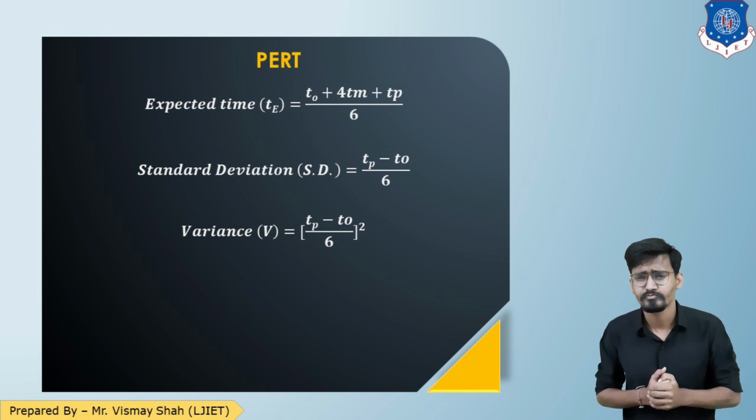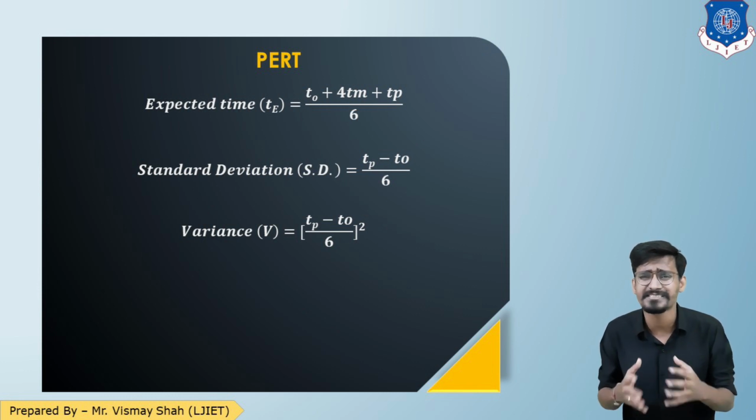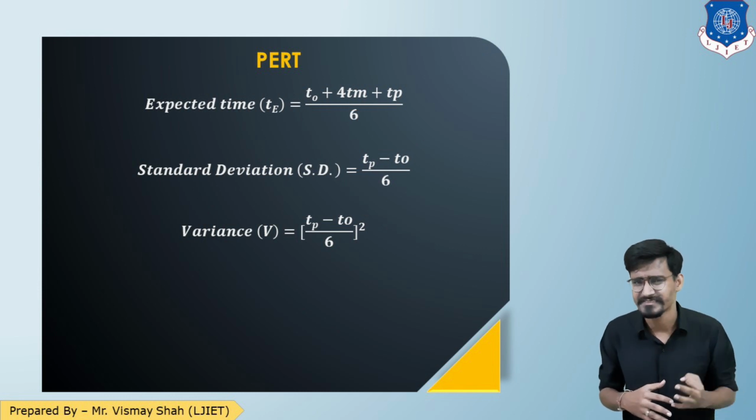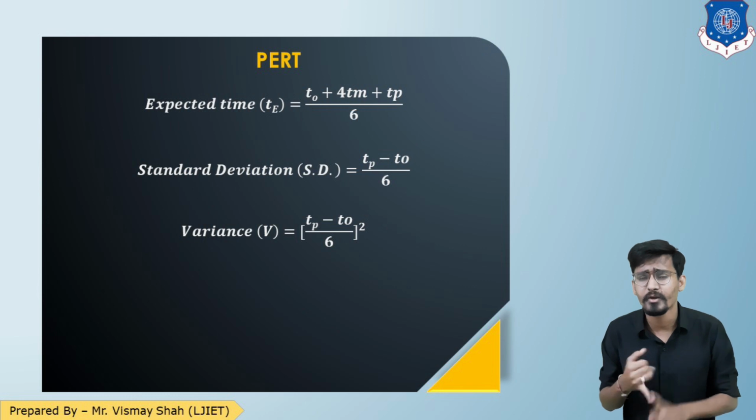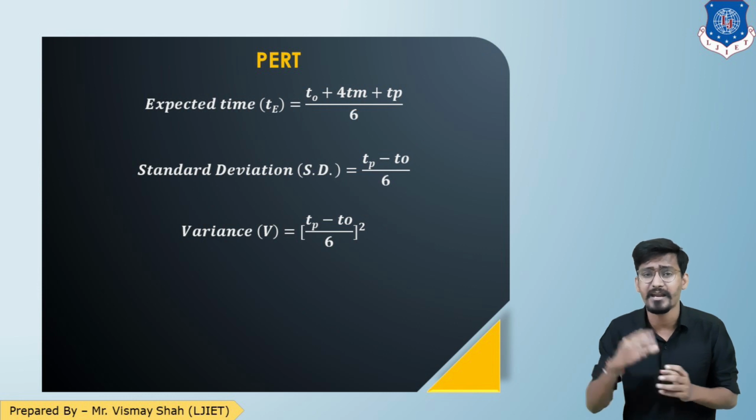Now students, what kind of questions are asked in the PERT method? There could be 3 questions asked. First, total duration of the project. Second, critical path of the project. And third, probability of completing the project in another duration.